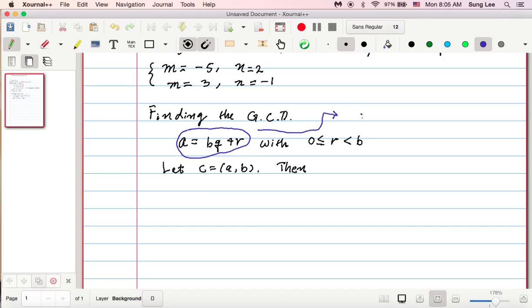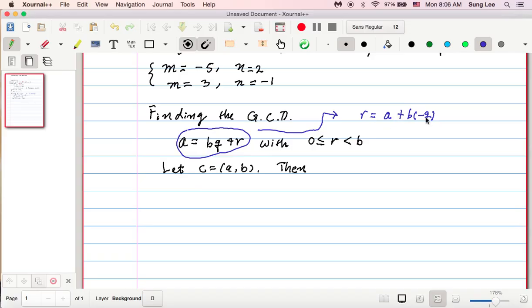So r can be written as a plus b times negative q. The reason I'm writing it this way is that addition and multiplication are the operations.